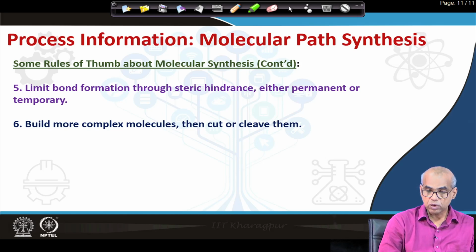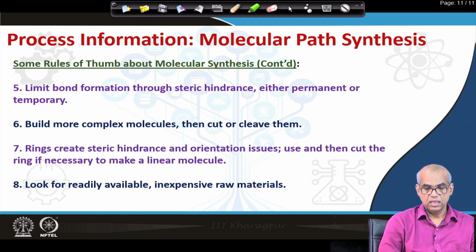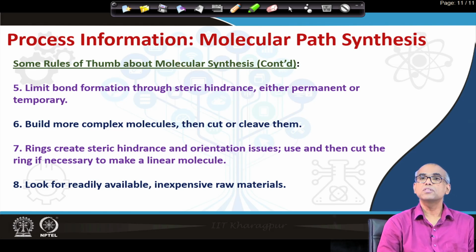Build more complex molecules, then cut or cleave them. Rings create steric hindrance and orientation issues. Use and then cut the ring if necessary to make a linear molecule. Look for readily available inexpensive raw materials. So, these are some rules of thumb for molecular synthesis.